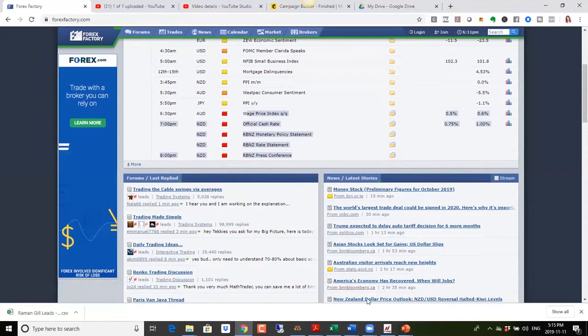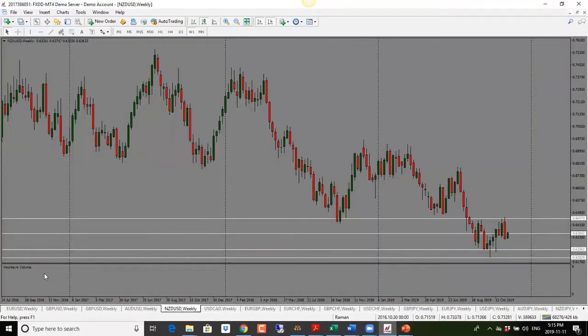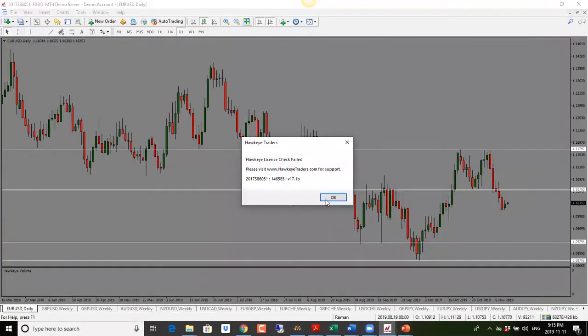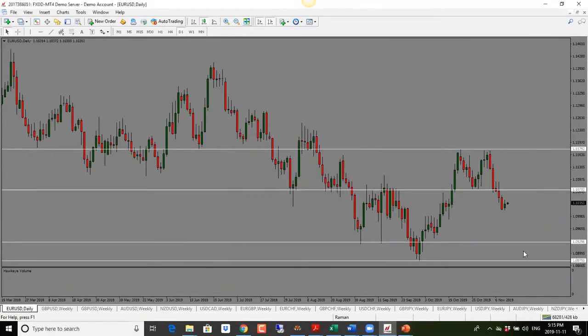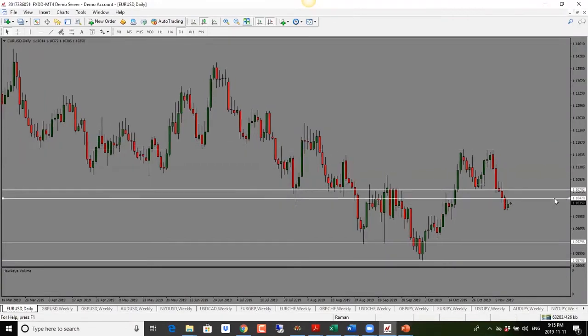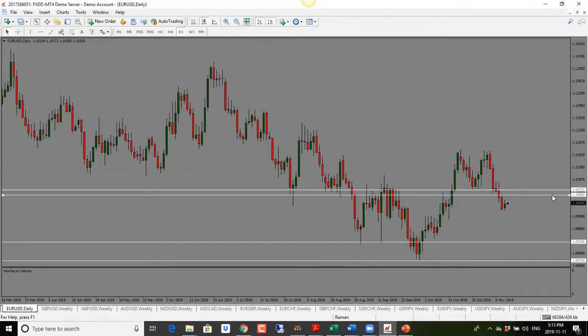Now let's take a look at our charts. We'll start off with euro dollar. For the euro dollar here, price hasn't really done much. It's pulled back a bit. In this case, we could get a deeper pullback, potentially into the 1.1050 level, or into the high of the day today.